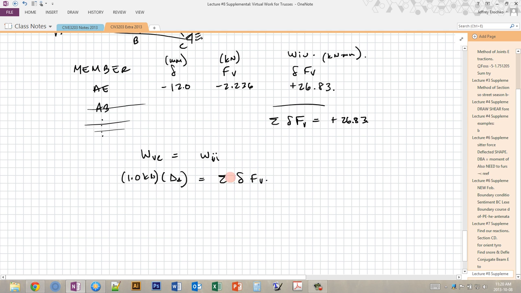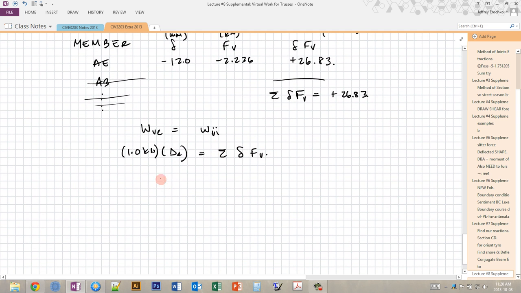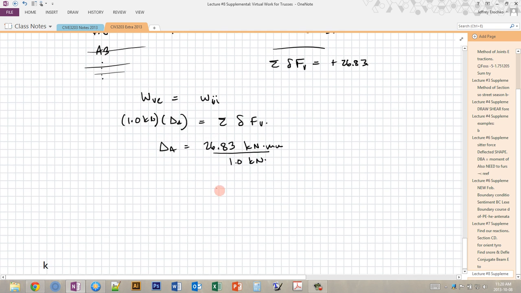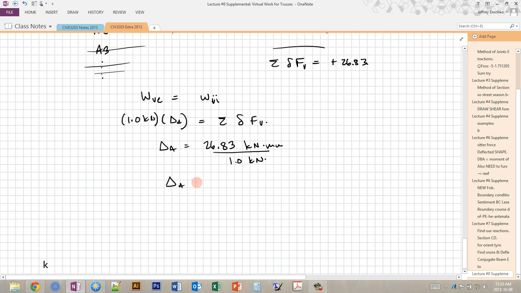This is directly our internal virtual work. We don't need any coefficients on the outside. And so to solve this equation, 26.83. So now we have kilonewton millimeters. On the bottom, we're going to have kilonewtons from this unit load. So then we're going to get directly delta A is 26.8 millimeters.